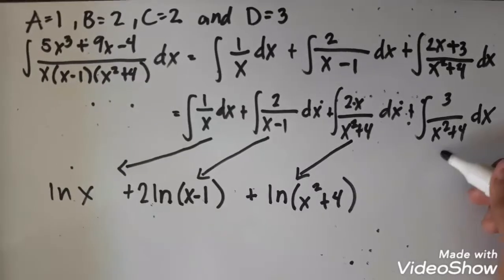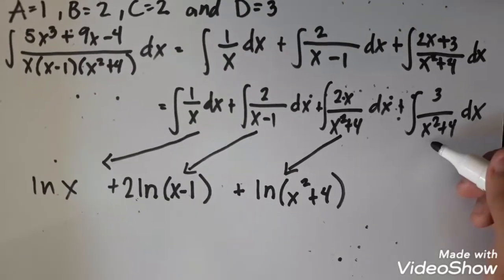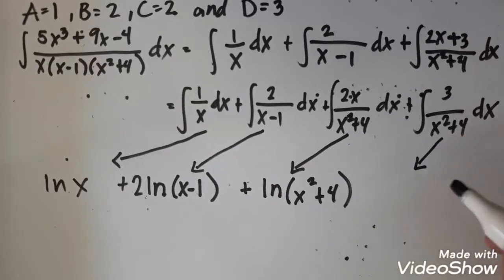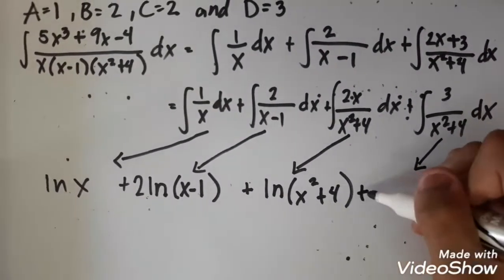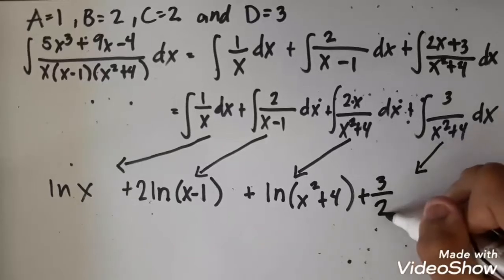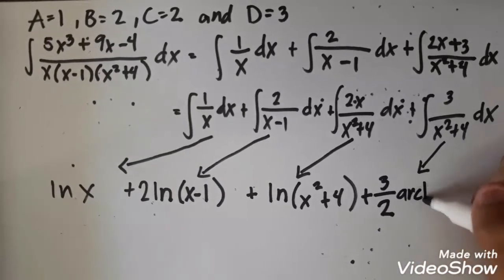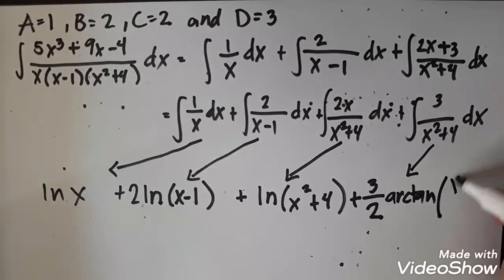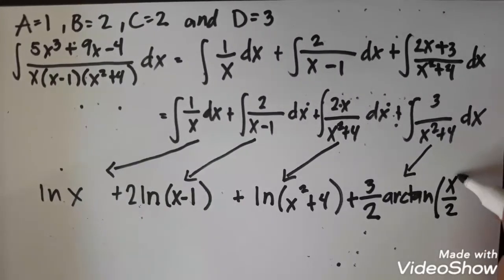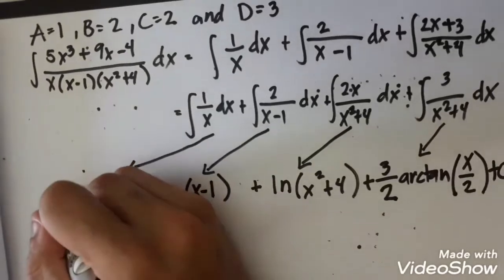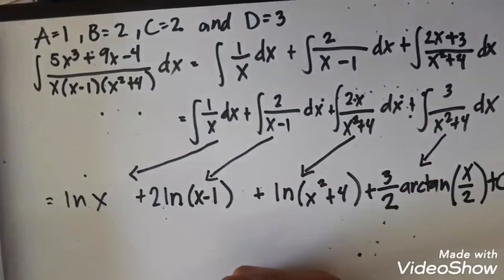So the last one will result in plus 3 halves arctan x over 2 plus c. And this is it. This is your final answer.